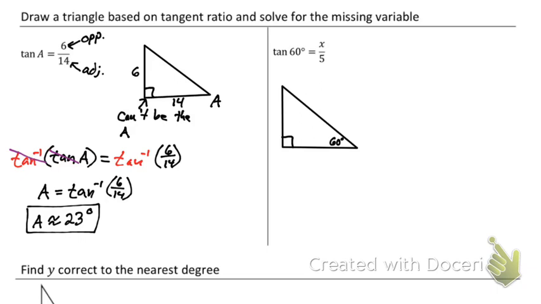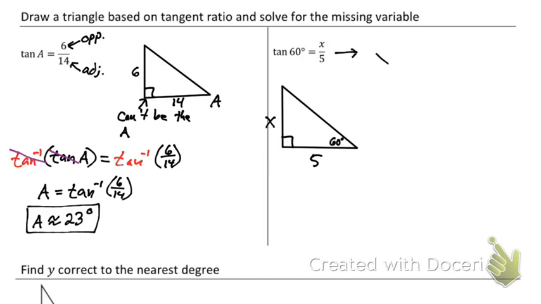All right, since tangent of angle equals opposite over adjacent, our opposite side is going to be x. Our adjacent side is going to be that 5. Well, this is kind of an easier one to solve for the variable because we just need to multiply both sides by 5.